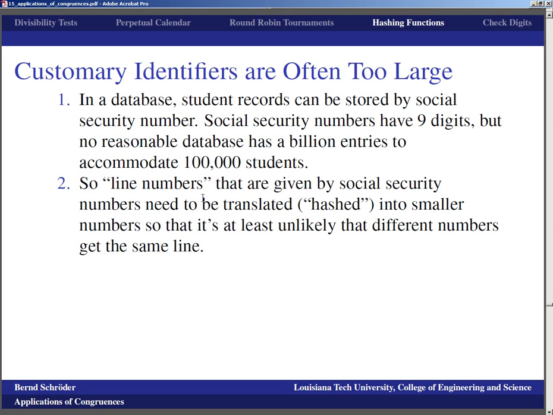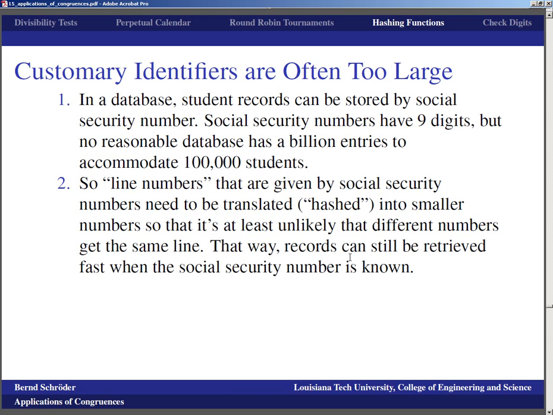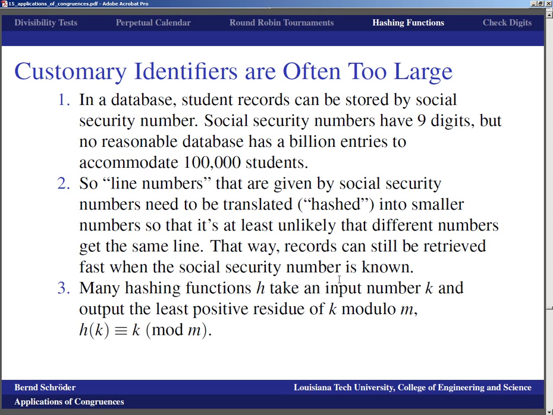Alright, so that means the line numbers in these databases that are given by social security numbers must be translated or hashed, as computer science people say, into smaller numbers, so that it's at least unlikely that different numbers get the same line. That way records can still be retrieved fast when the social security number is known. You just have to wrap that number somehow.